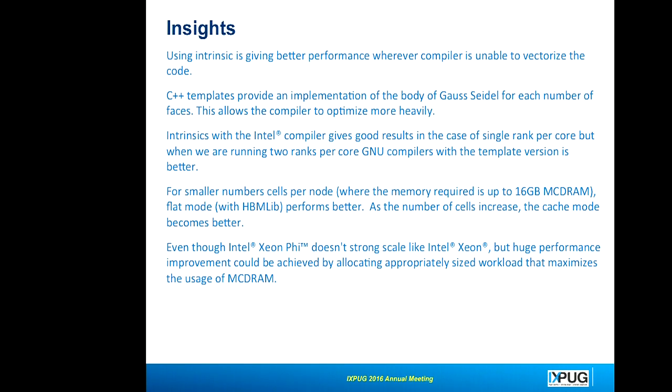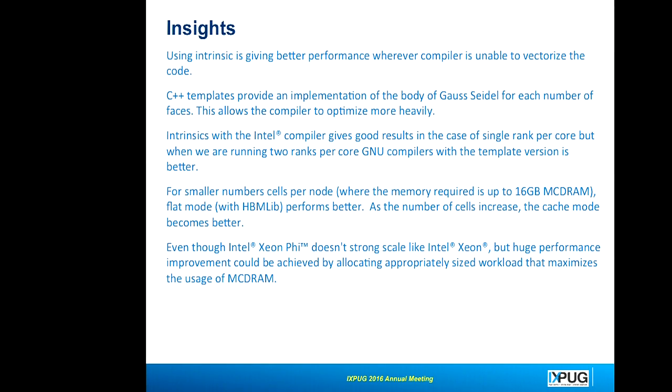The second point is that the Intel Xeon Phi does not scale like Intel Xeon Broadwell, whose scaling is very good if you talk about 32 nodes or more. It depends on how you are using the MCDRAM, what type of data and how much data you are allocating, and how you are using the MCDRAM benefit.